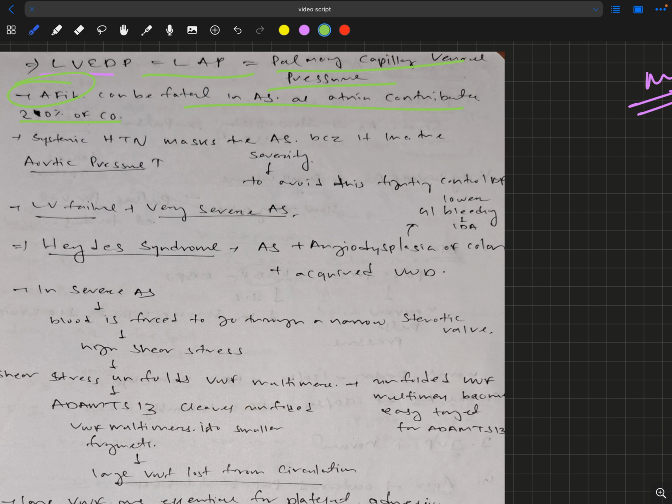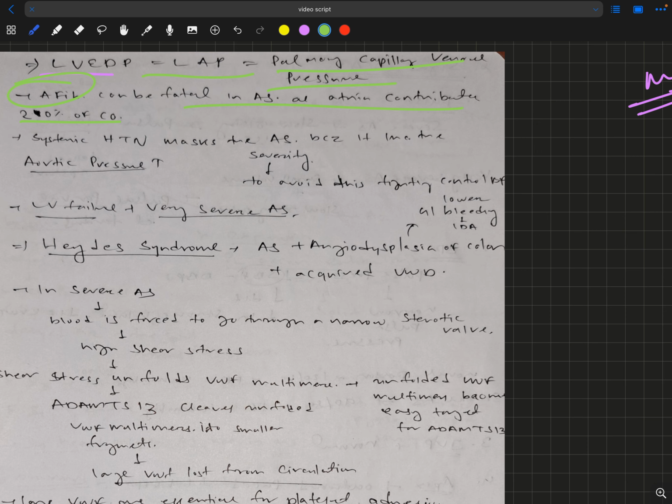Atrial fibrillation is most commonly seen in MS, but suppose in AS the patient has also developed atrial fibrillation. The fibrillating atria are not pumping blood into the ventricle. Already the ventricle is pumping less blood due to the left ventricular outflow obstruction. Now preload is decreased because of fibrillation; normally the atria contribute 20% of the cardiac output.